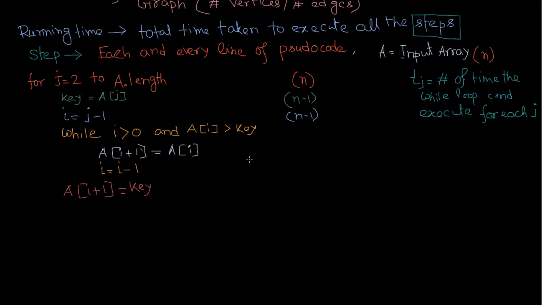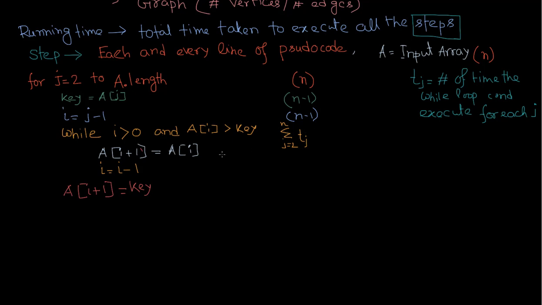So for each j this will be running tj times, and we are running j from 2 to array length, which is n. So this yellow line will run this many times. Now, as with the outside loop, the inside loop will run tj minus 1 times every time.